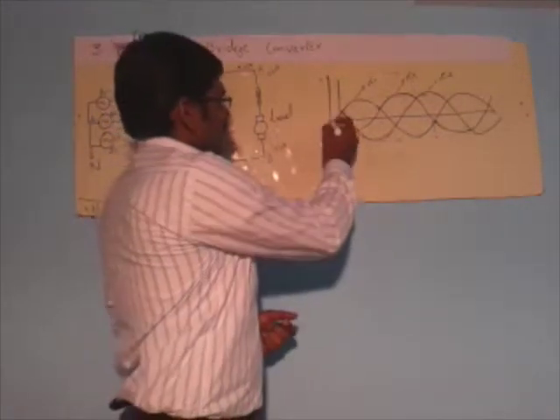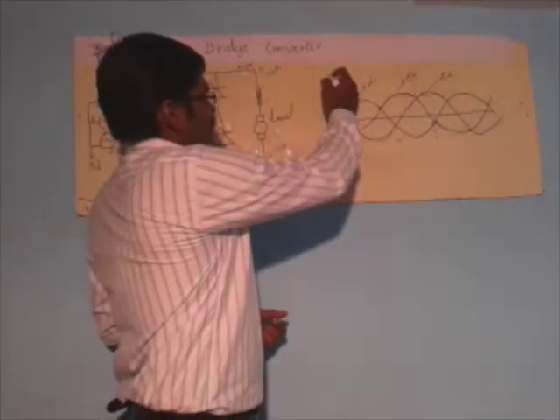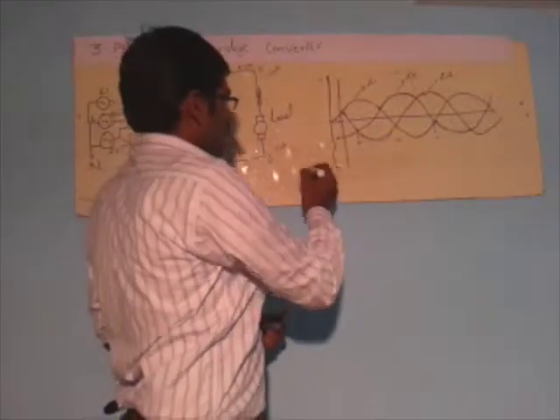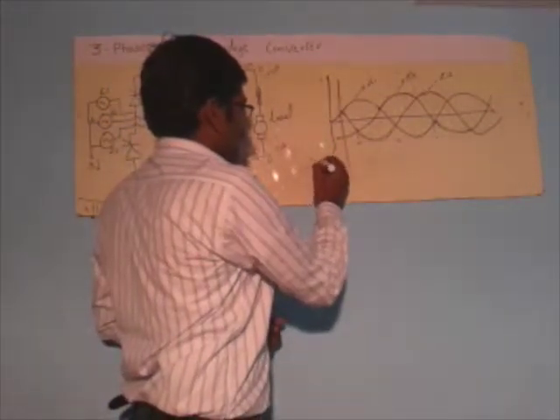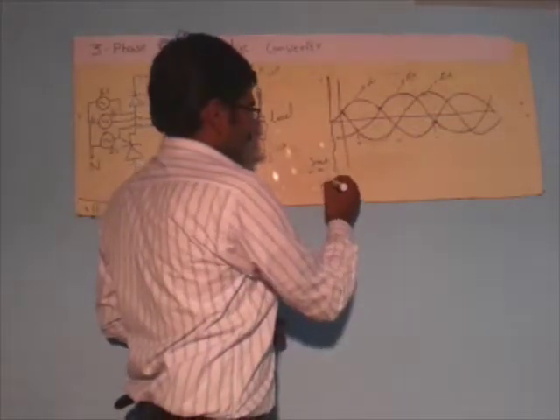Here is the starting point. We have seen that sin omega t is equal to 0. Omega equal to 2 pi f.